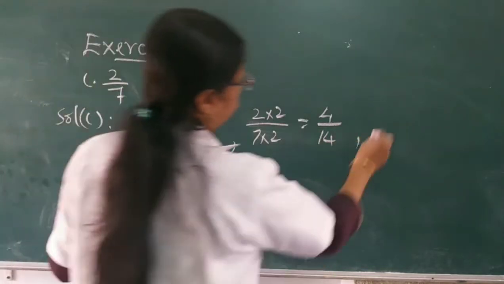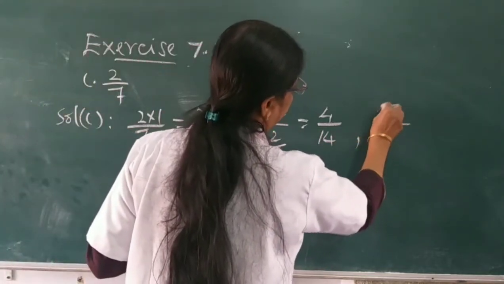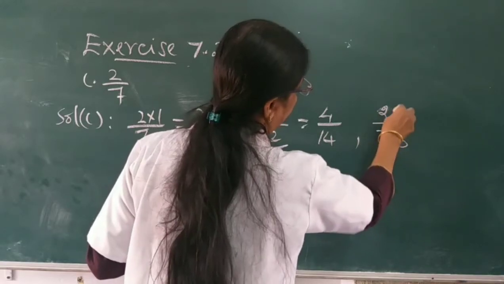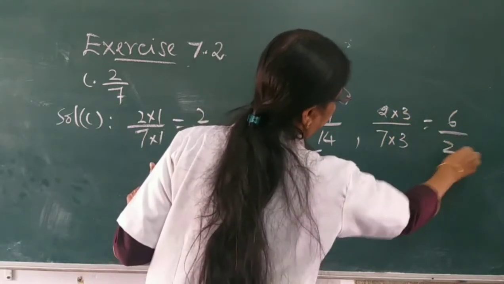Now 2 by 7 into 3 into 3, that is 6 by 21.